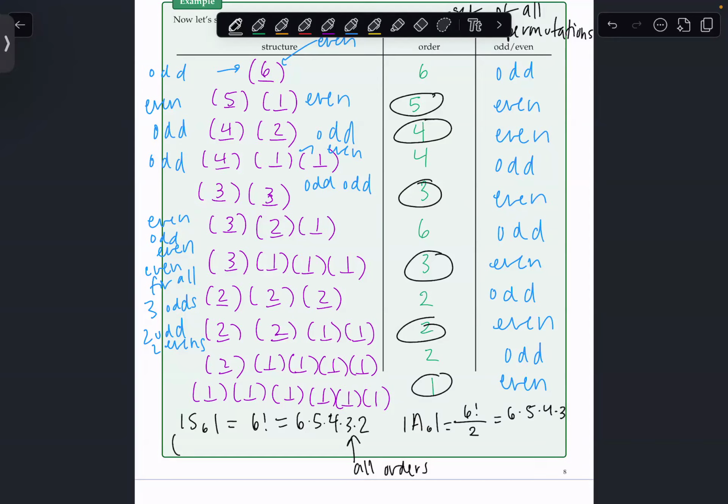Other than 6, 5, 4, 3, 2, 1 that show up here already, what are other divisors of this product? Right, I can take any one of these numbers, pair them up, or take 3 at a time. So I have the number 30, I have 20, I have 8, I have 15, all of these that are not showing up in the specific product or as these orders here.